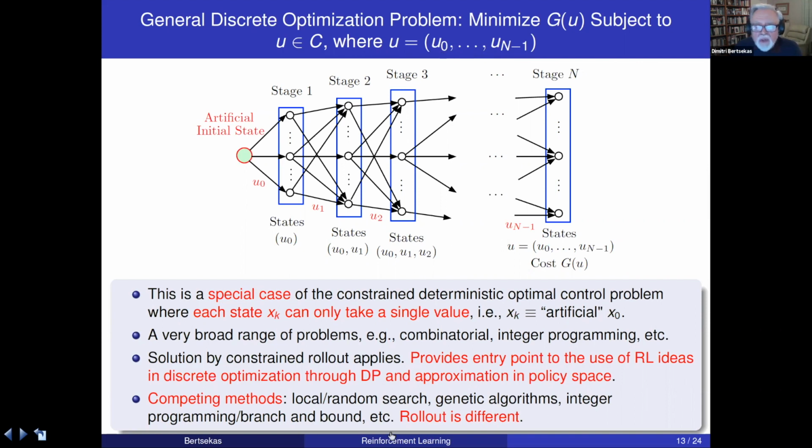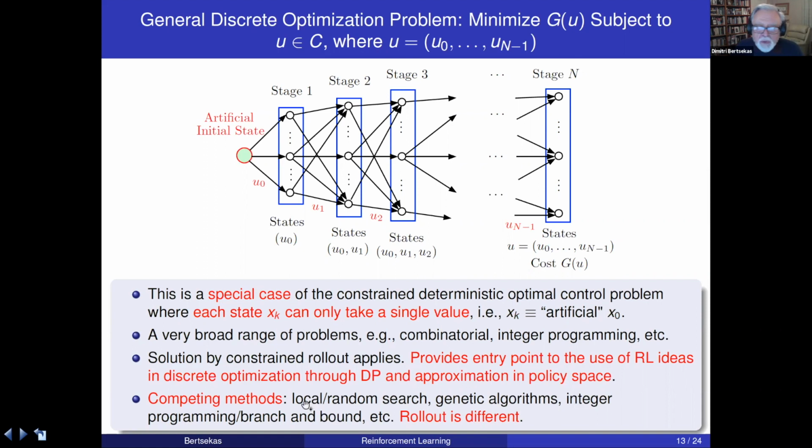And of course, you can do this in many different ways, and intelligent ways in particular. But in random search, you go from a complete solution to a complete solution, and then to another complete solution. You don't go from a partial solution to a less partial solution up to a complete solution, which is what we do in rollout. So random search and rollout are quite different in their structure.